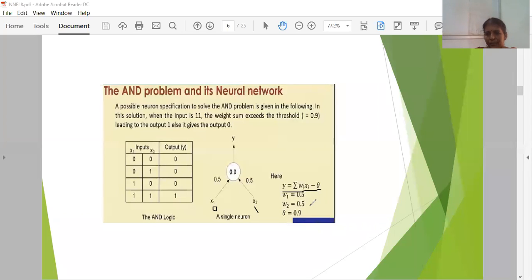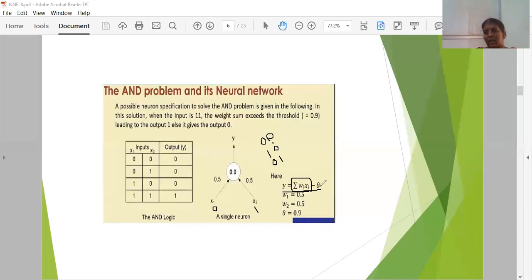So here you are selecting a particular case in all the combinations, either 0 0, 1 0, or 0 1. In all these three cases, the summation of the weights and the inputs will be lesser than the threshold value.